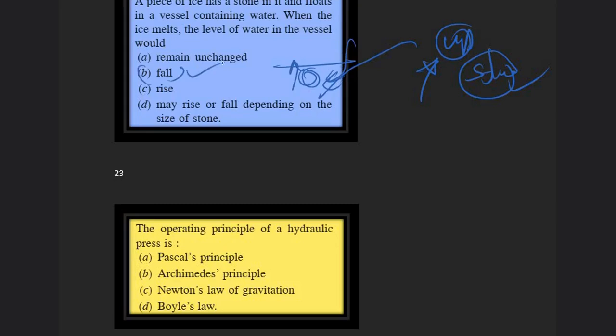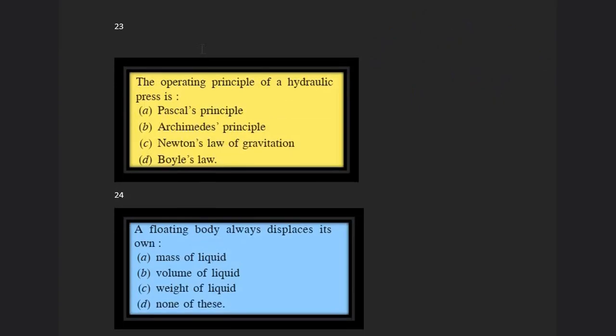So the answer is B. If you couldn't get the answer for this, there are plenty of questions in your syllabus, so find the questions and try them. Question number 23. The operating principle of a hydraulic press is, kind of an easy question, you know this, it's Pascal's principle.